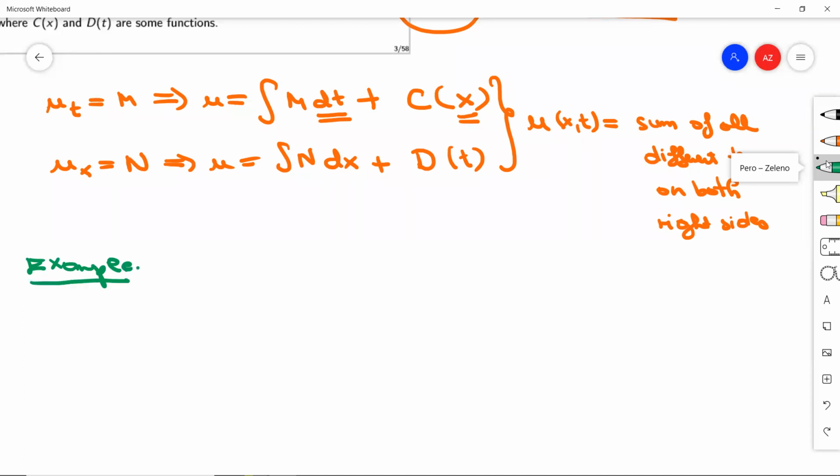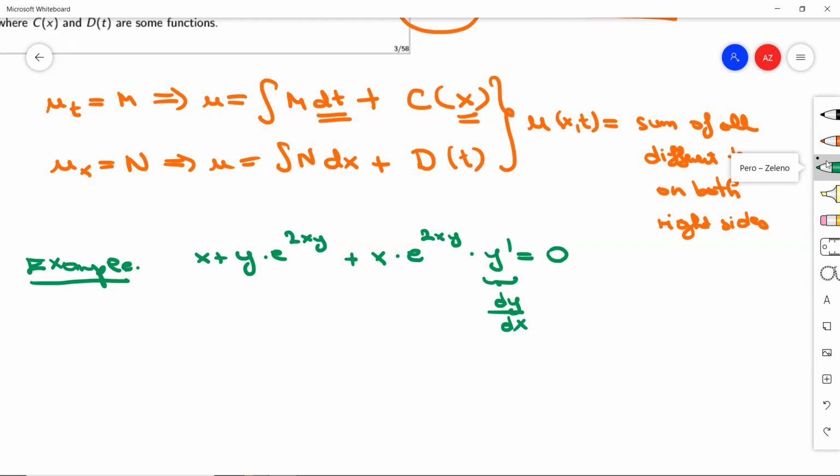We have a differential equation (x + y) e^(2xy) + x e^(2xy) y' = 0. To try if this differential equation is exact, we have to rewrite it into the form with differentials. So y' is dy over dx.